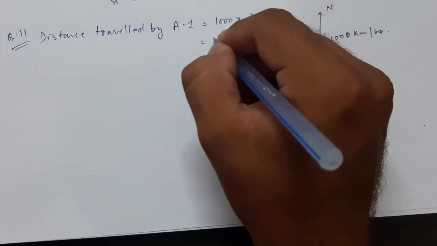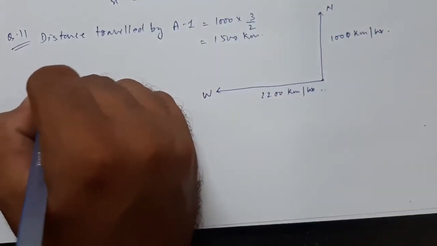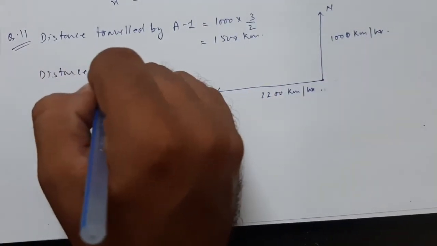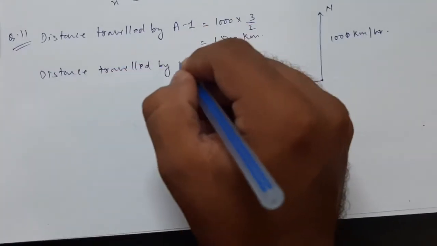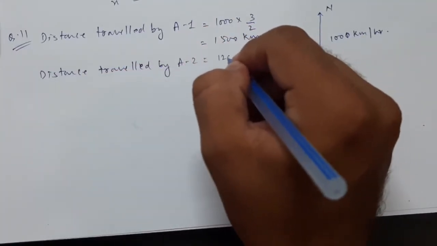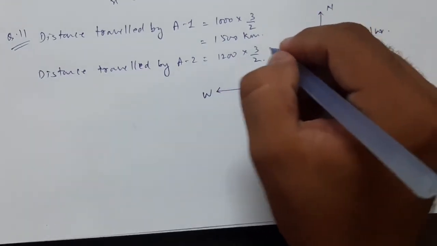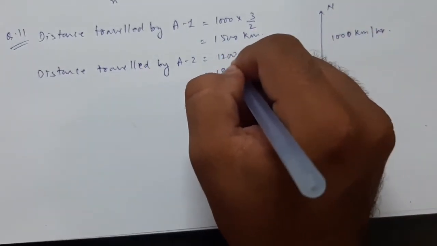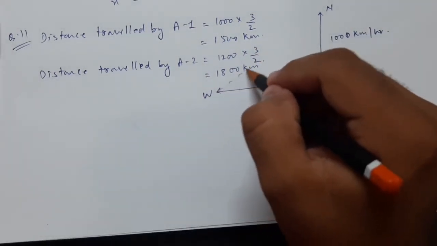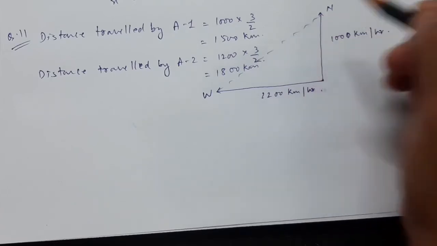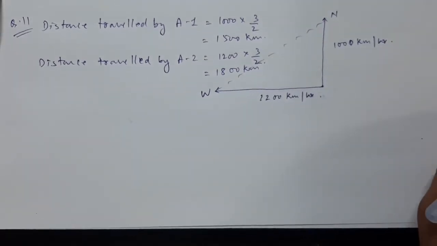Distance traveled formula, so it will be 1500 kilometers. Similarly, distance traveled by aeroplane 2 is 1200 into 3 by 2, and that will be equal to 1800 kilometers.